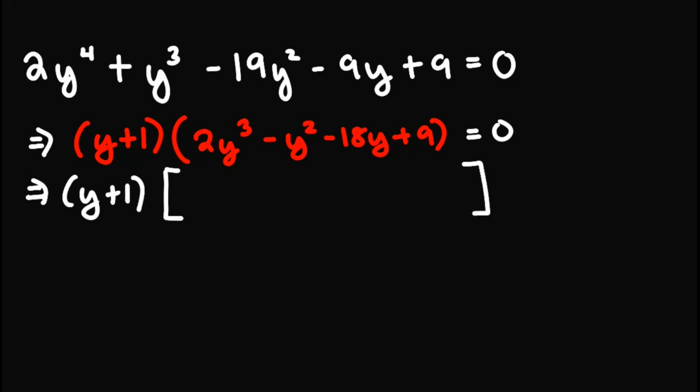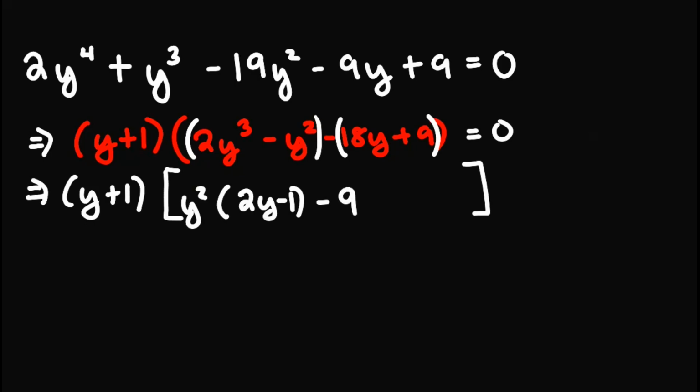Observe that if we pair this one up and this one up, we can factor y squared in the first pair to obtain 2y minus 1, and we can factor out negative 9 in the next pair to obtain negative 9 times, inside we'll have 2y minus 1.